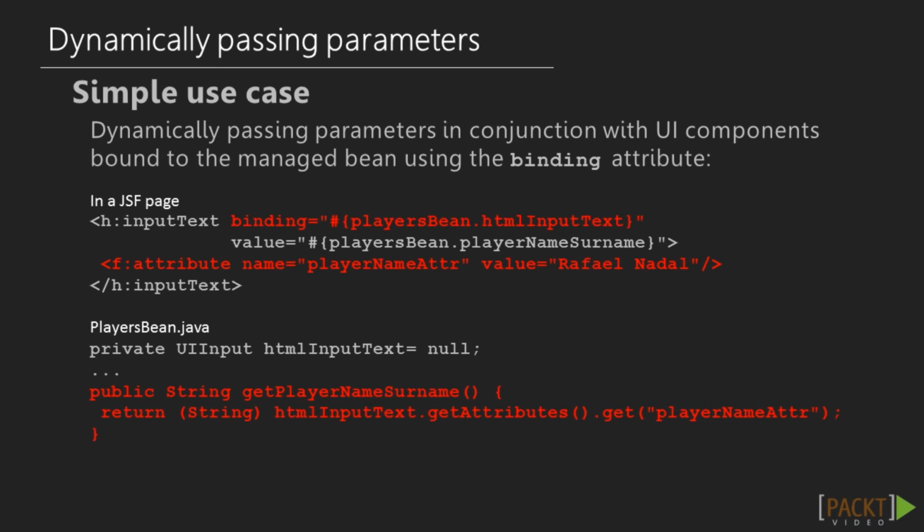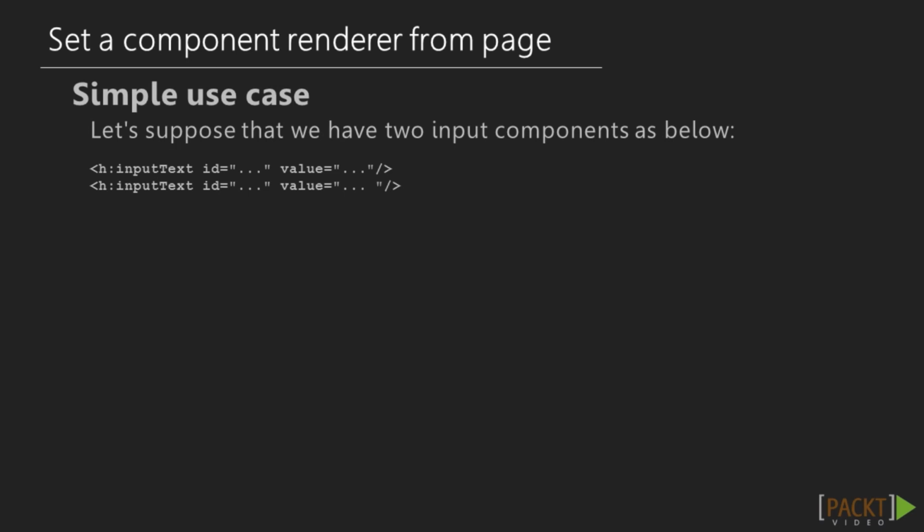Now the value of the h:inputText tag should contain the value set via the f:attribute tag. Pay attention to use only unique names for the attributes and to not interfere with the default attributes of the component. Now let's talk about setting a component renderer from the page.